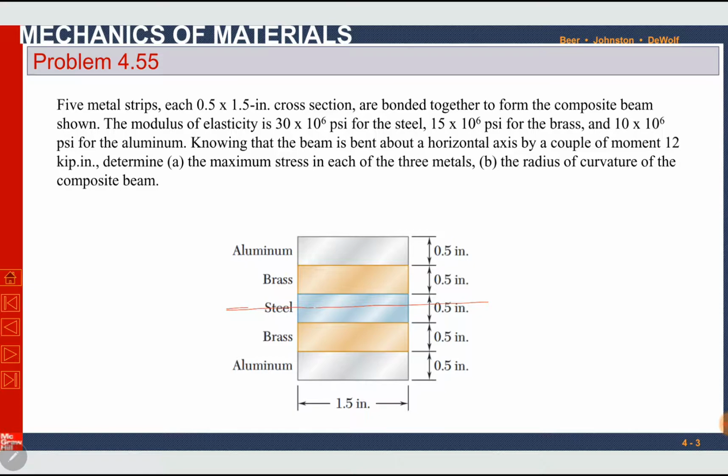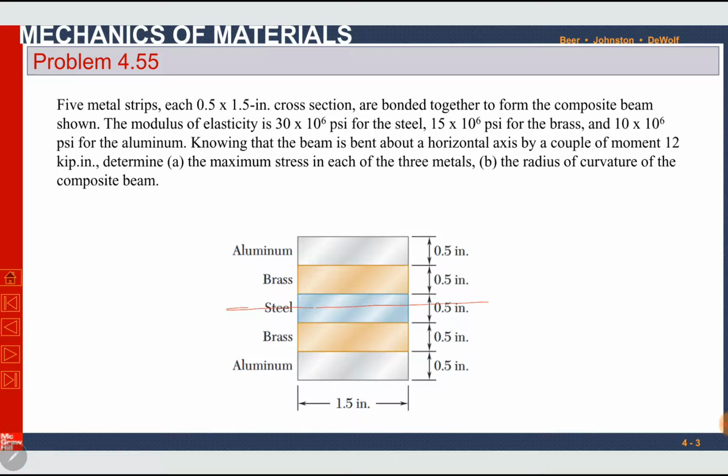The dimensions of the bars of aluminum and brass above the steel and below the steel are similar. So it is symmetric. We do not need to find the centroid in the horizontal direction actually. We will simply take the midpoint between the top and the bottom surfaces.